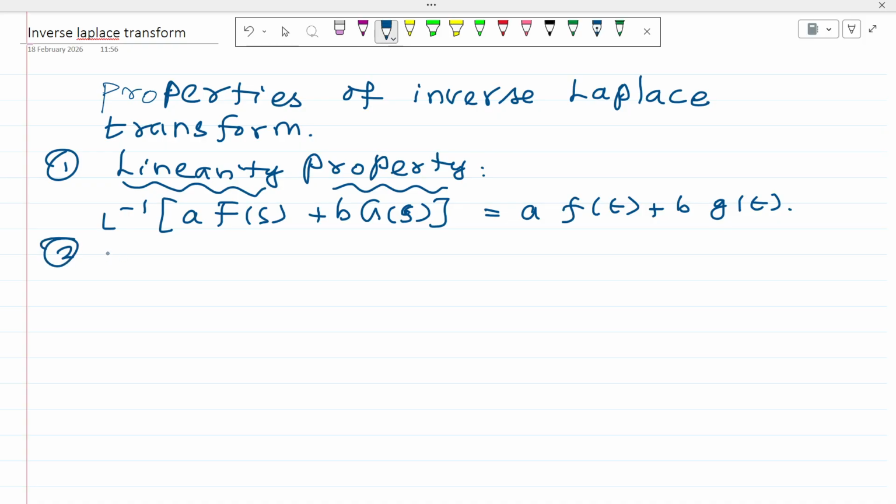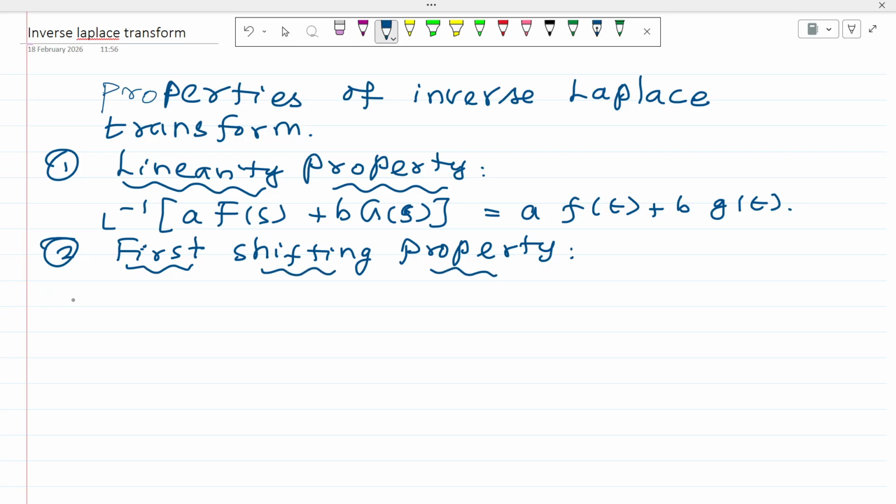Second property is the first shifting property.